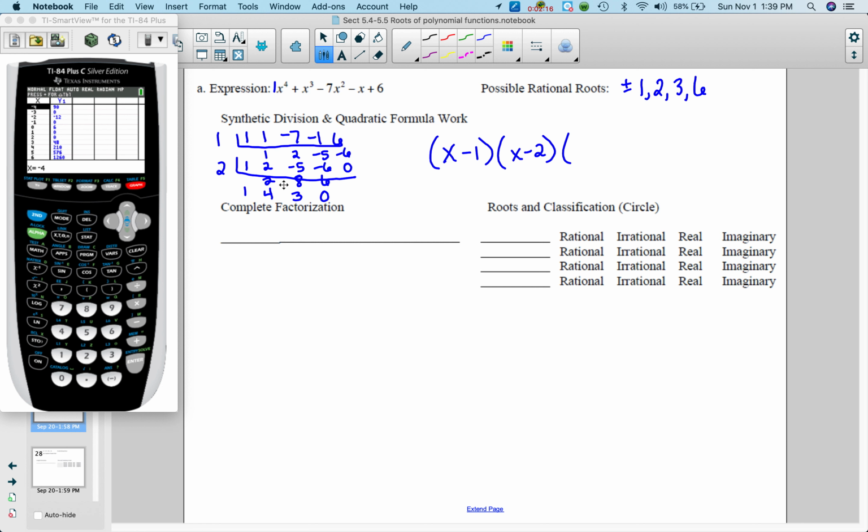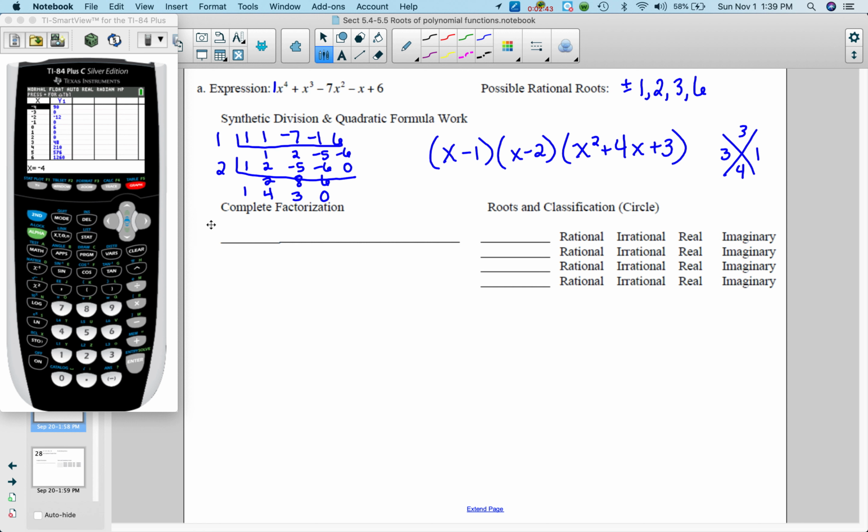And then what's left? Well, if I started with x to the 4th, after my first synthetic division, this leading coefficient would have been x cubed. And then when I did it one more time, now my leading coefficient is x squared. So I have an x squared plus 4x plus 3. Now I want you to use what we already know how to do. You can do a diamond problem to factor that. So we're going to have a 3 and a 1. They multiply to 3 and add to 4.